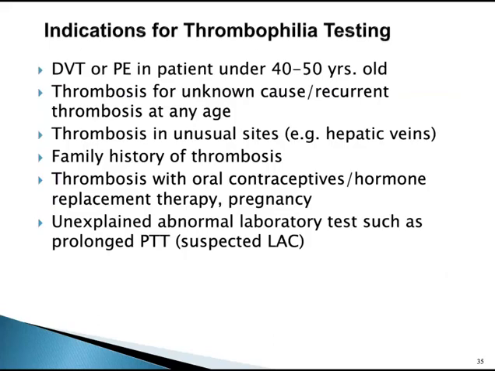So here are some indications for thrombophilia testing. And so we don't always run thrombophilic lab profiles, but we do if there are specific risk factors and if the patient is suffering from thrombotic events.